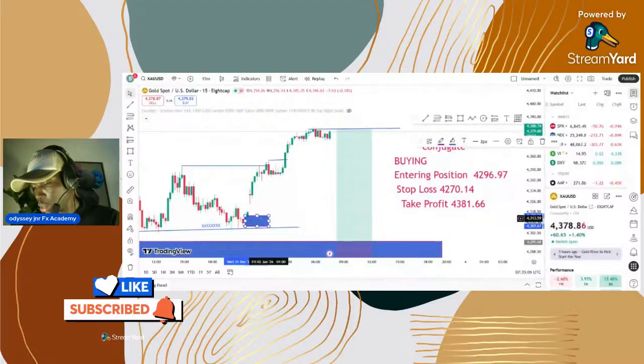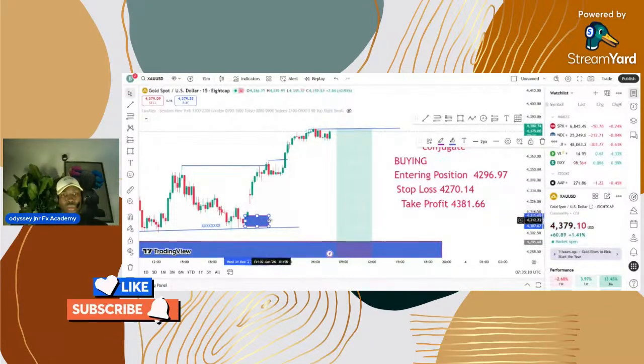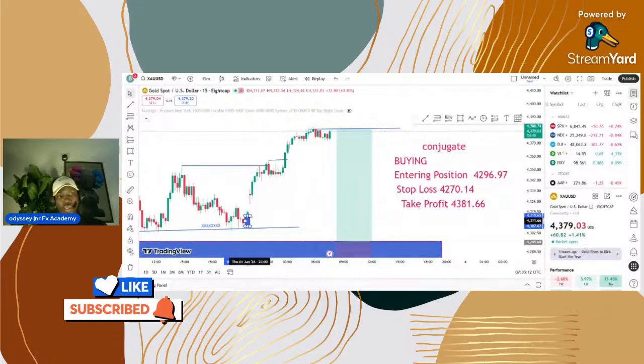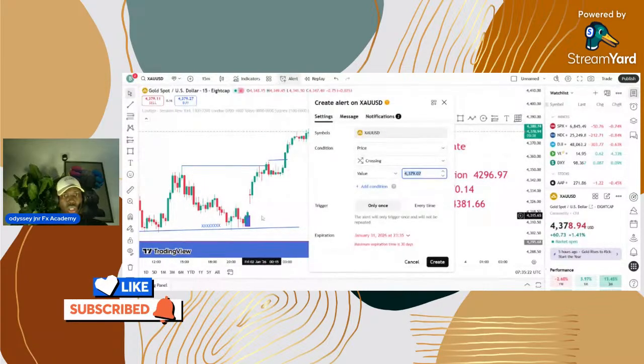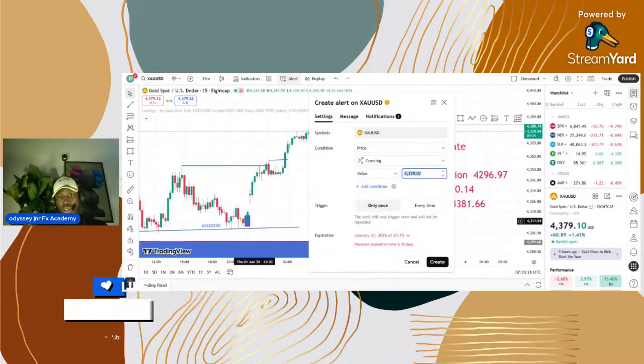Okay, let's look at another pair. So we're also looking at this side. This side is 4311.